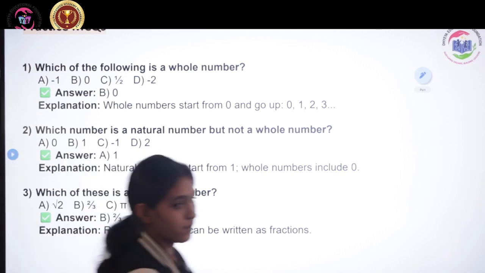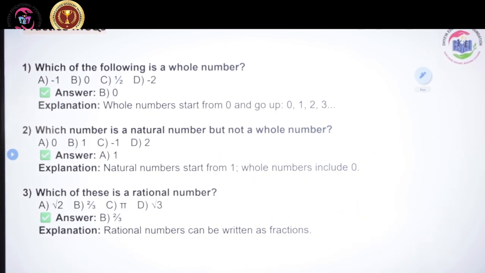Let's solve some MCQs based on this topic. Which of the following is a whole number? We have to find the whole number. Option A -1, option B 0, option C 1 by 2, option D -2.